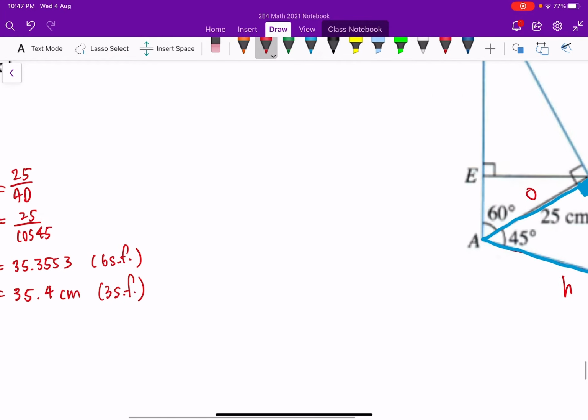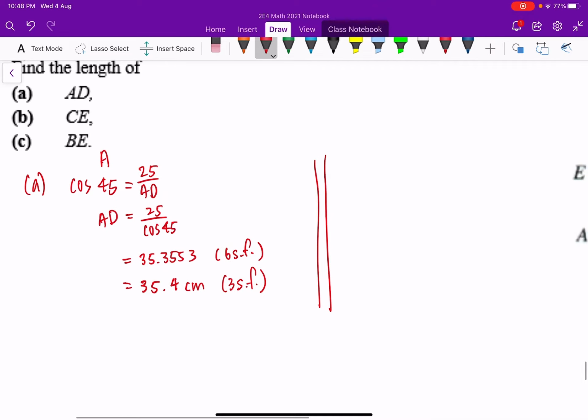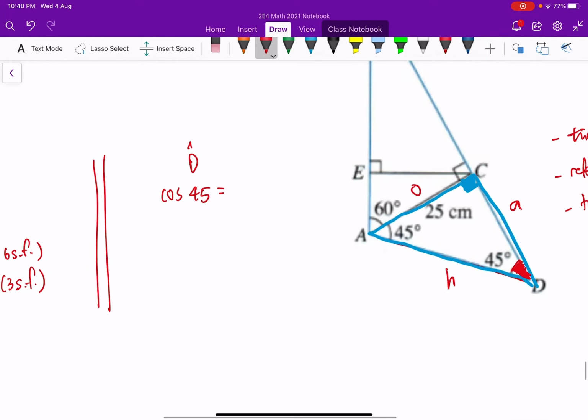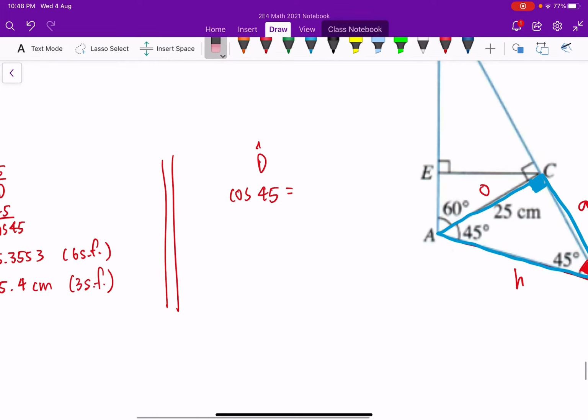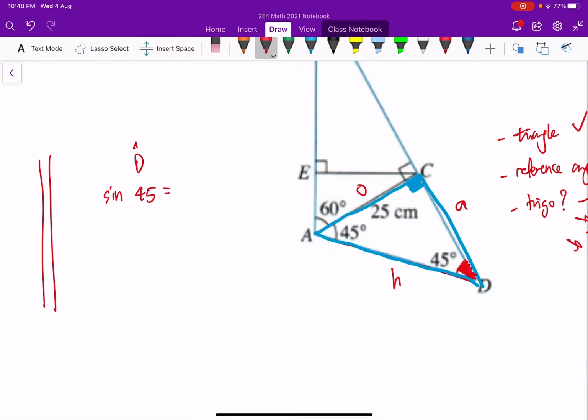If I were to use D as a reference angle, then I'm going to have sine 45 degree equals to 25 over AD.